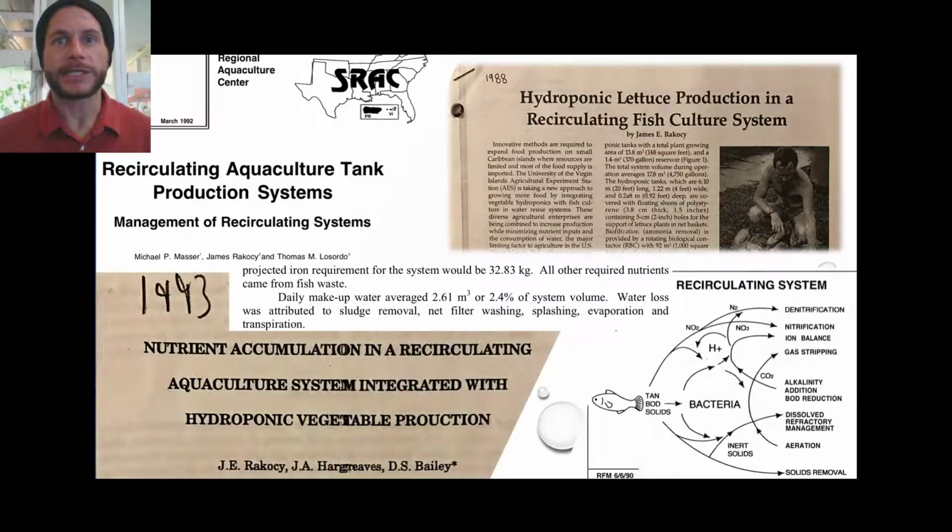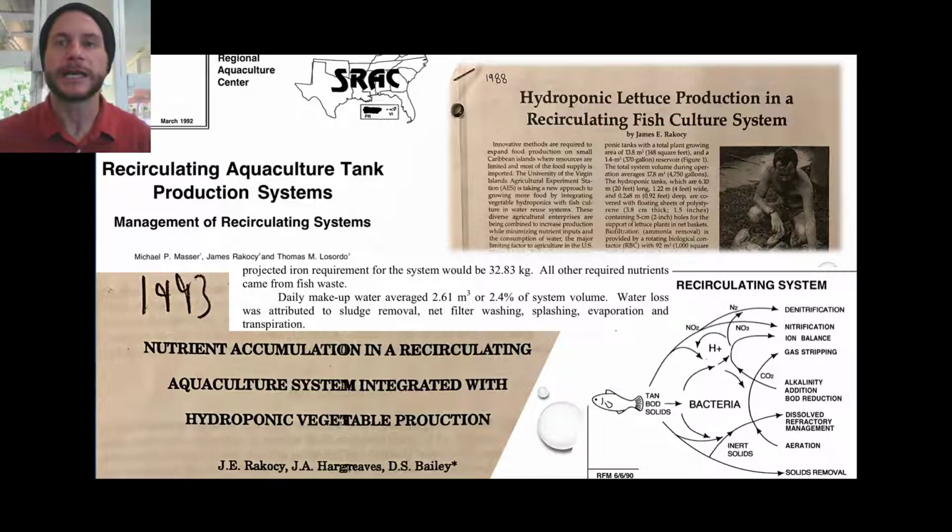Recapping the research done by James Rakocy in the late 80s and early 90s helps us give an overview of what it looks like to do aquaponics research, or what it means to digest that aquaponics research after they spend all the time going through that work. So there's a variety of different ways that aquaponics research has been presented.